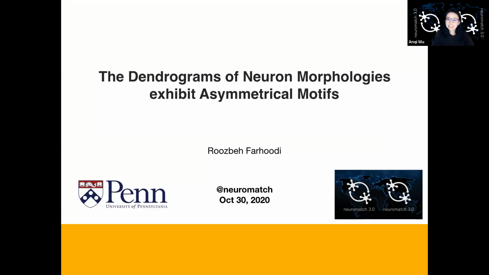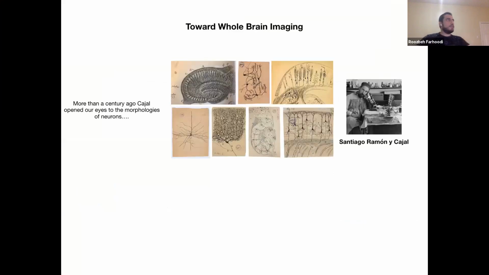I'm sorry for that. So I am going to talk about the dendrogram of neuron morphologies that exhibit asymmetric motifs. Before starting, it's more than a century ago that Ramon Cajal opened our eyes to neuron morphologies. He drew all of these pictures by hand, staining neurons in his lab and looking at them under the microscope.